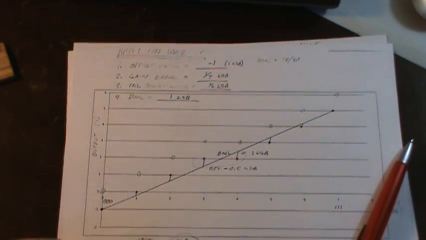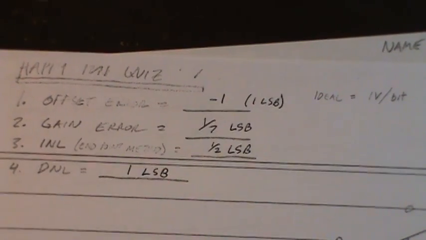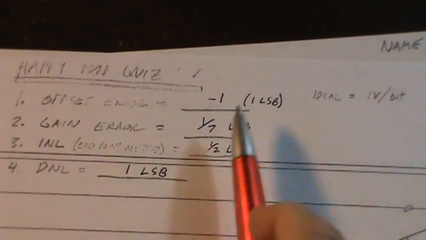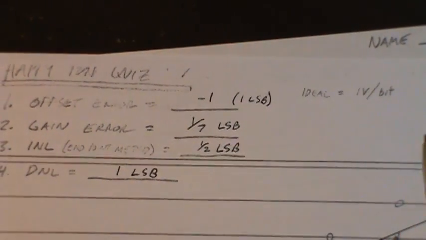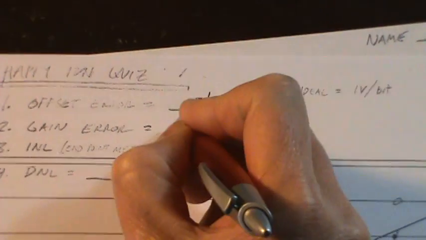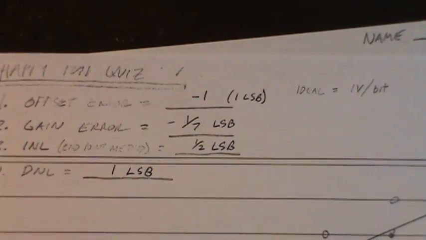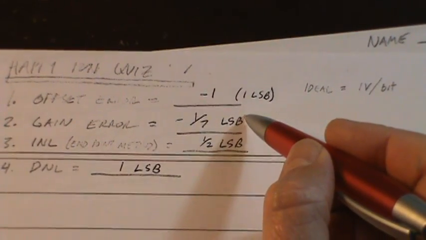What I was looking for then is these 4 answers. The offset error was more or less 1 LSB, in the negative direction, so you might want to keep track of that. The gain error was 1/7 LSB, and this would also be a negative error, because the gain was less than I expected it to be.